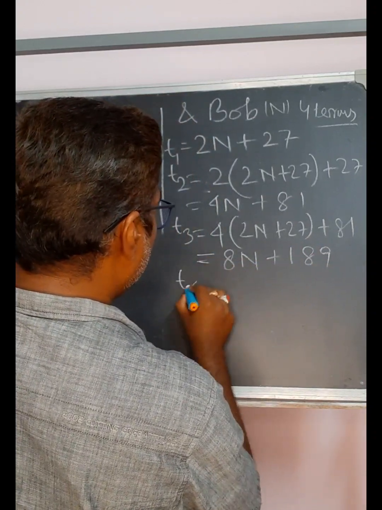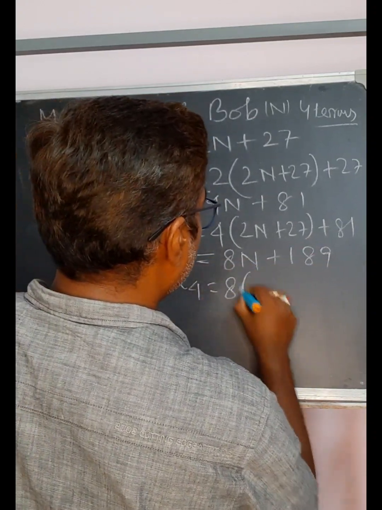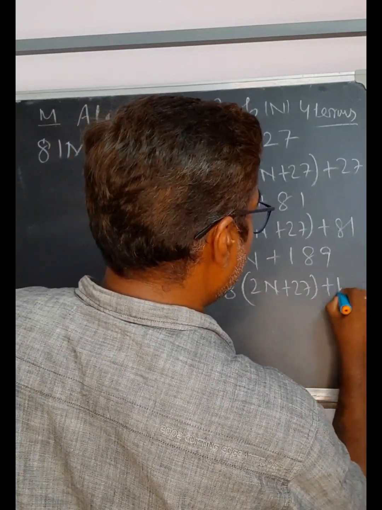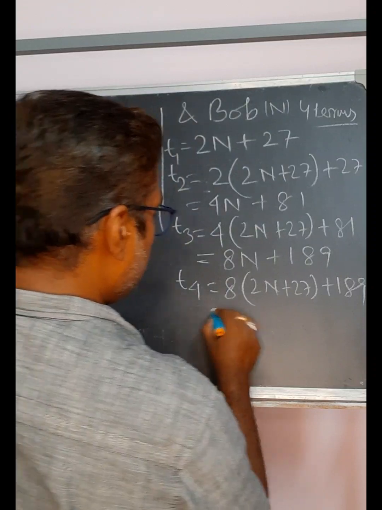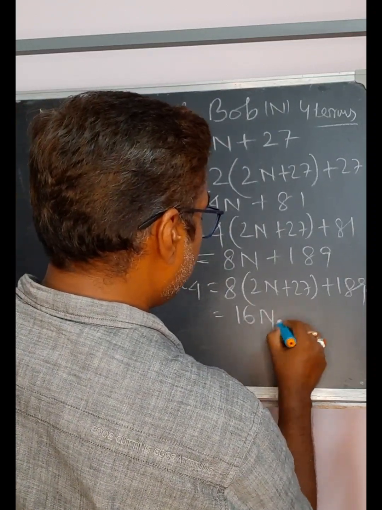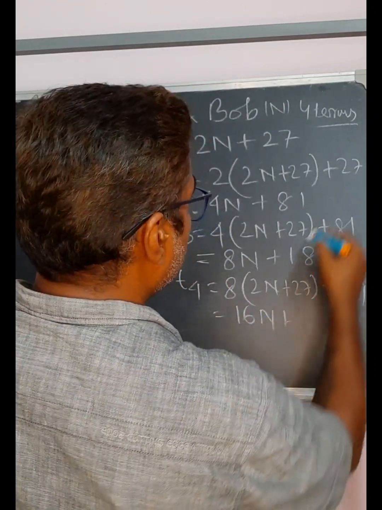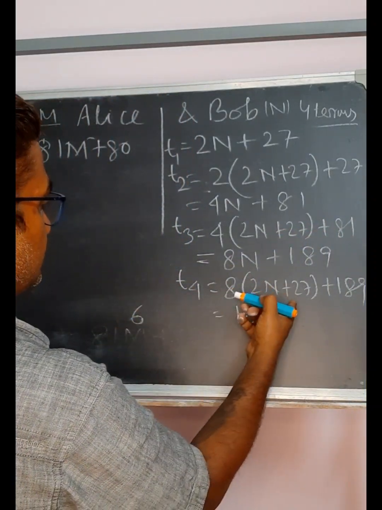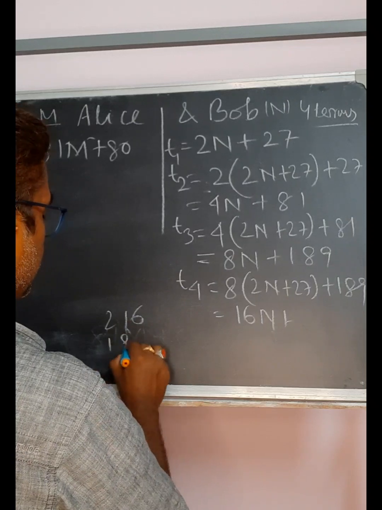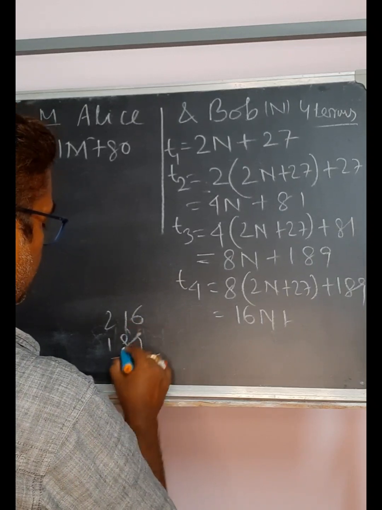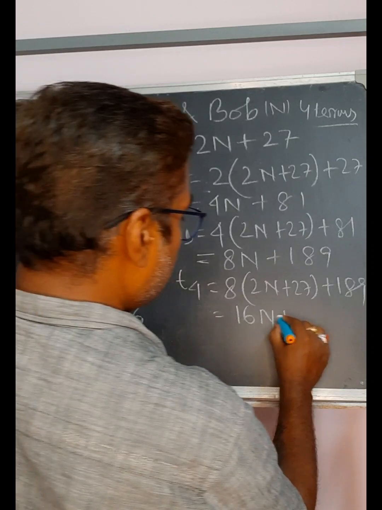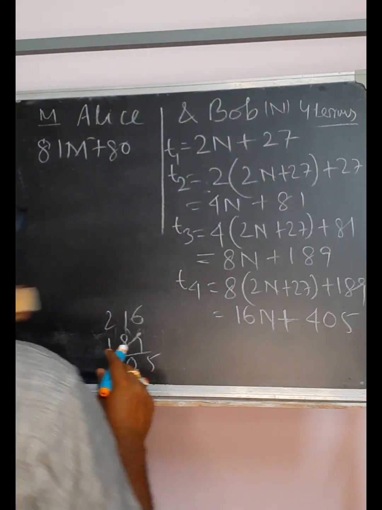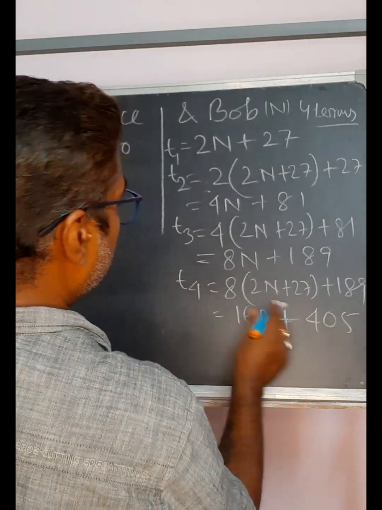Now T4 is equal to 8(2n + 27) + 189, that means 16n + 216 + 189, that means 16n + 405. Okay, so this is the end result for Bob.